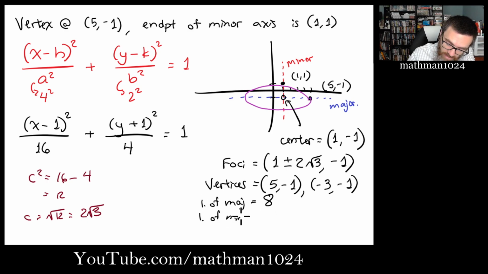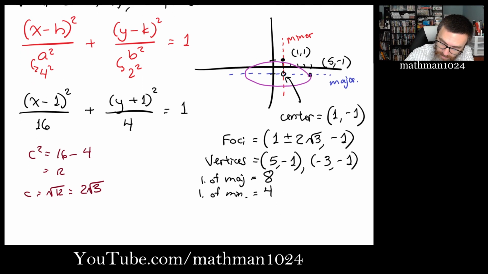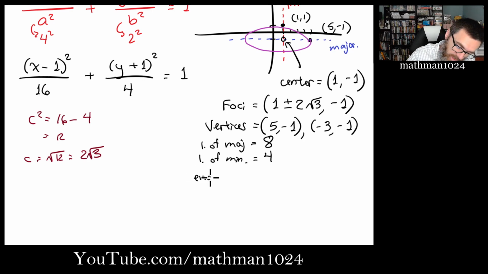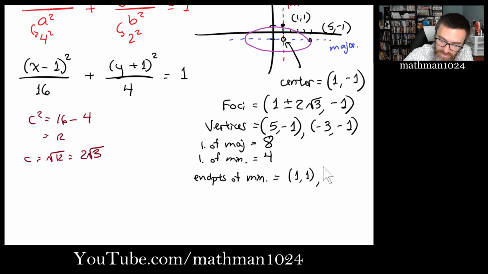The length of the minor axis, 2 times 2, is 4. And the endpoints of the minor axis, so you're going up and down 2, so we already were given that one of them is 1, 1. The other one is going to be 2 units below the center, so it's going to be 1, negative 3. And then we can talk about the domain.